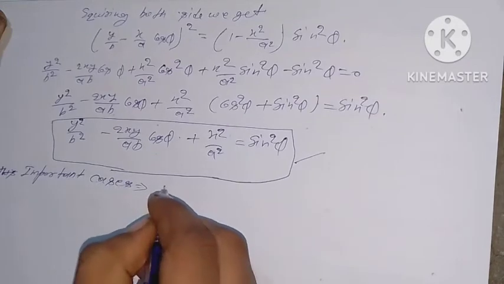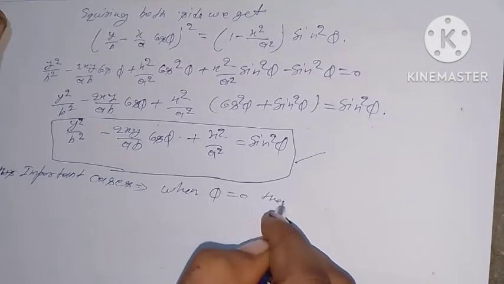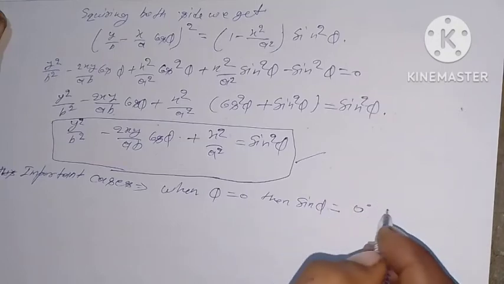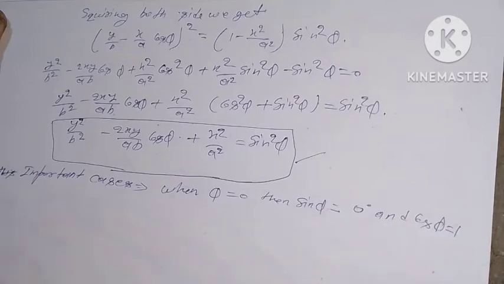When phi equal to 0, then sin phi equal to 0 and cos phi equal to 1.